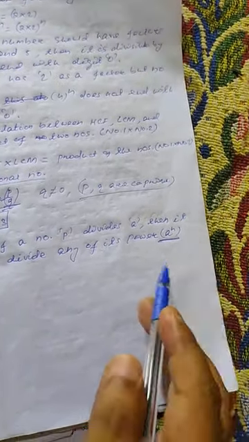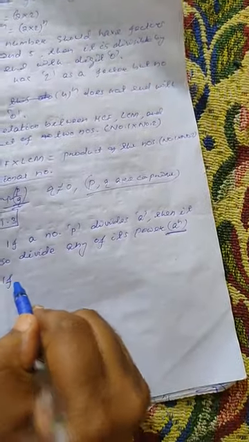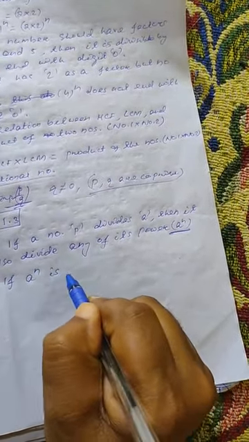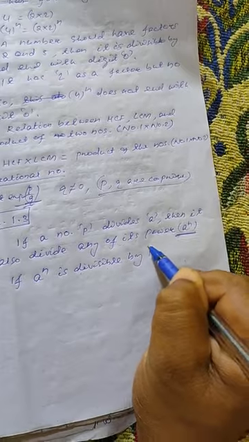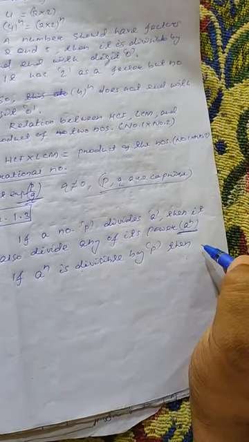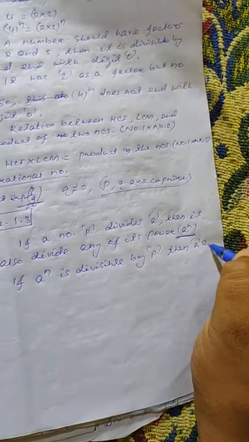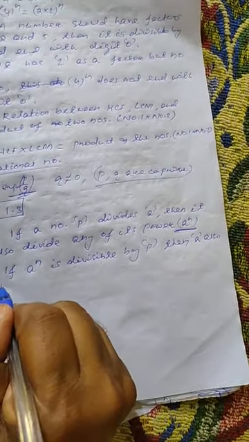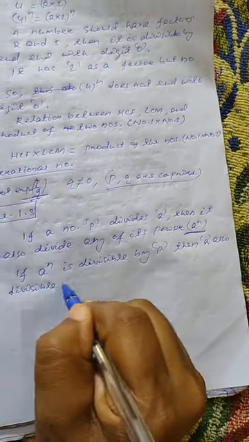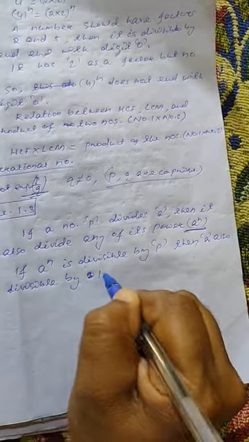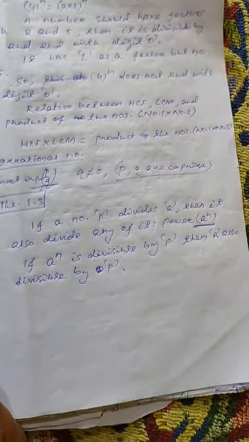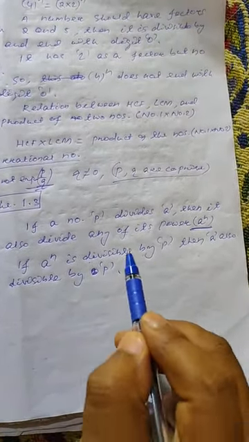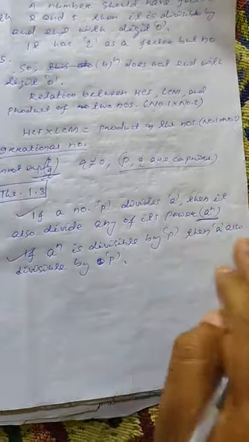Vice versa, if a to the power n is divisible by P, then a is also divisible by P. Okay, this is the main thing which theorem 1.3 tells about.